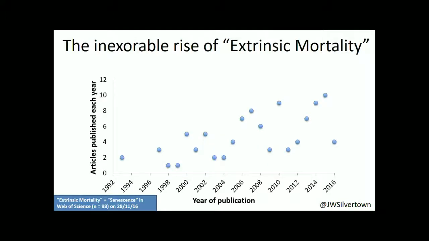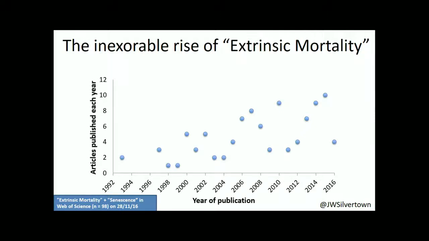It's one that has grown in popularity since Abrams in '92 described the Williams hypothesis as relating to extrinsic mortality. The idea is that extrinsic mortality is not dependent on age. It's just random mortality that comes from the environment. And the more of that there is affecting adults, the faster senescence will occur under evolution.